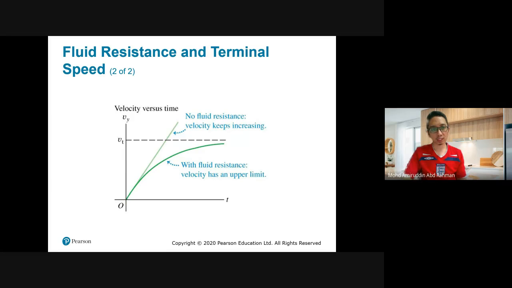That's what we consider when we have the fluid resistance: we have the maximum speed as vt. But when we don't consider the fluid resistance, we don't have vt, because v will keep increasing.